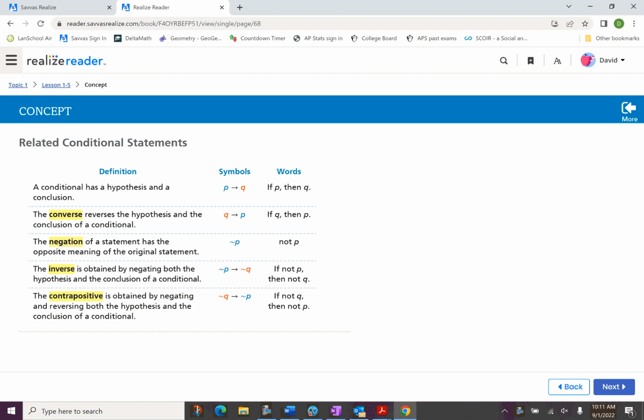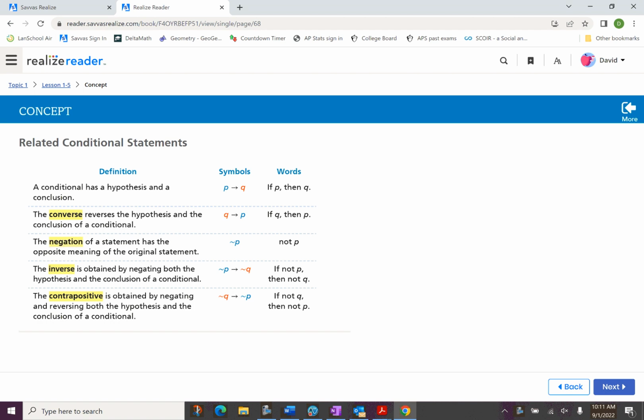So if we take the original statement, the conditional if P then Q, we keep the order the same, but we negate both parts. That's what we call an inverse. An inverse is obtained by negating both the hypothesis and the conclusion. And because we're mathematicians, we like to play around with stuff.